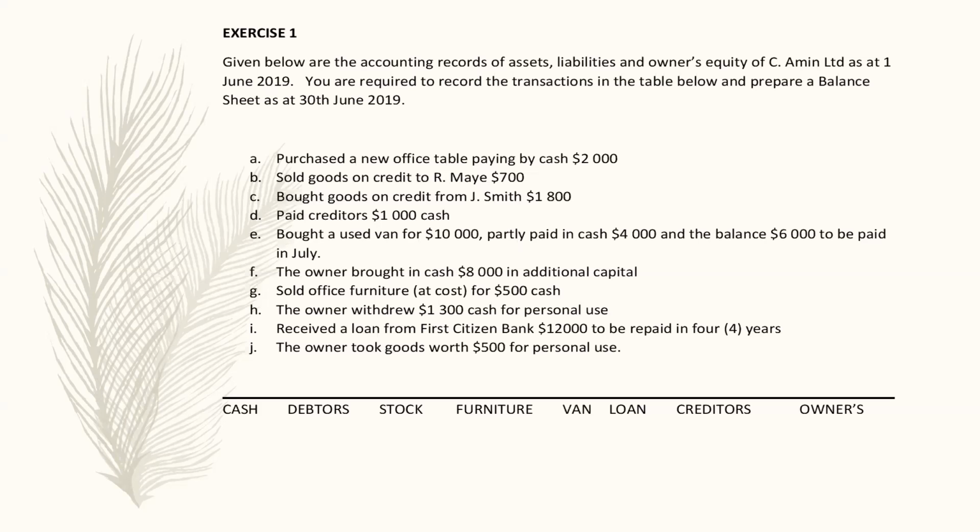I'll just call that out for you quickly again, because if these figures are written incorrectly, then your balance sheet is not going to balance. So I'm going to repeat it.